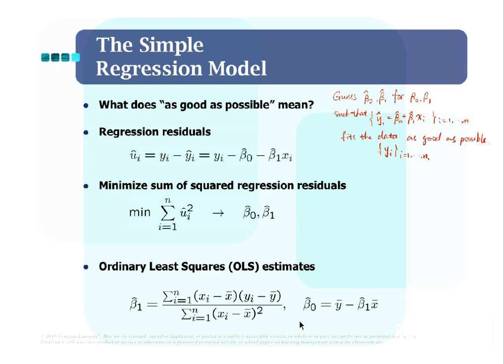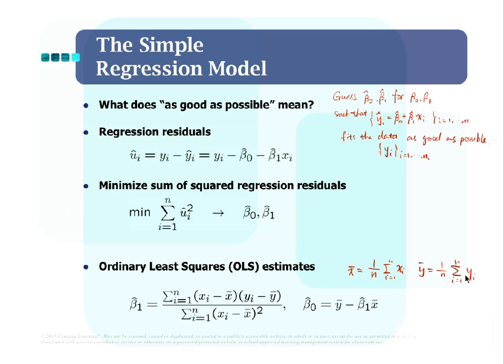Right? Here x bar is simply 1 over n, sum of i equal to 1 to n of xi, and y bar equals 1 over n, sum of i equal to 1 to n of yi. So this x bar is simply the average of x, and y bar is the average of y.